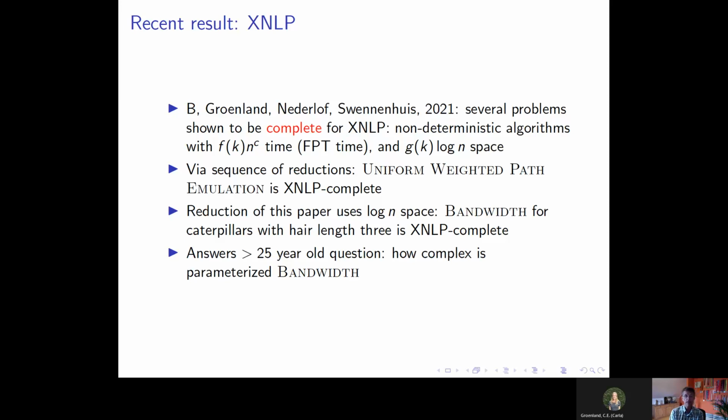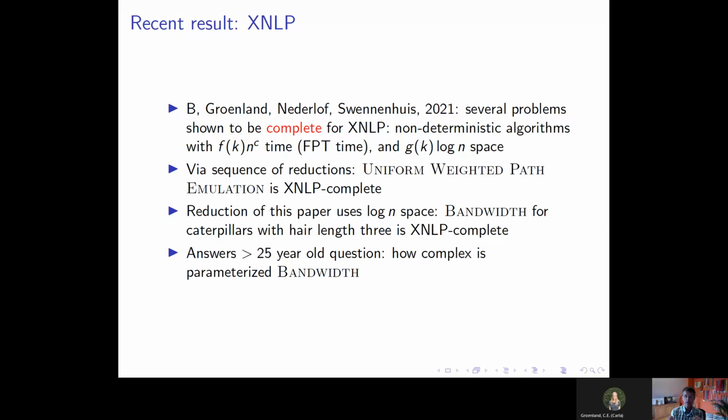And via a sequence of reductions, we show in our paper that uniform weighted path emulation is actually complete for this class XNLP. Now, using the reduction from our paper which we discussed here, you can see that the reduction actually uses log n space.